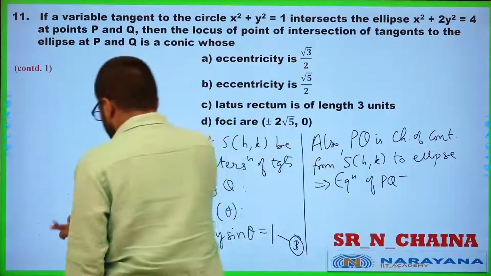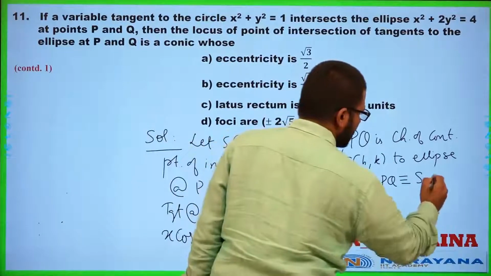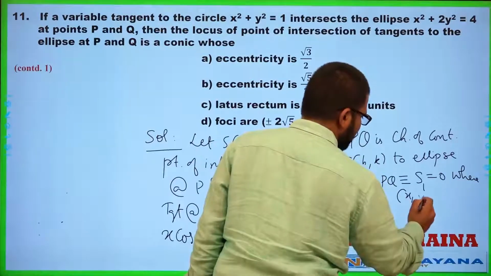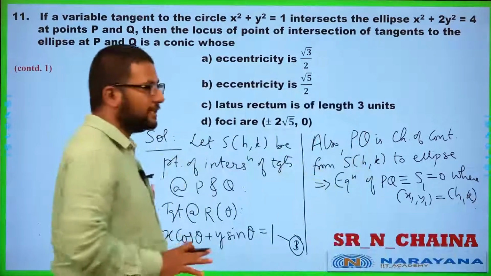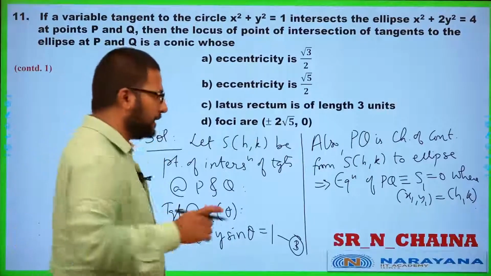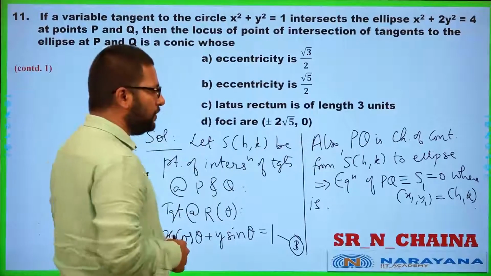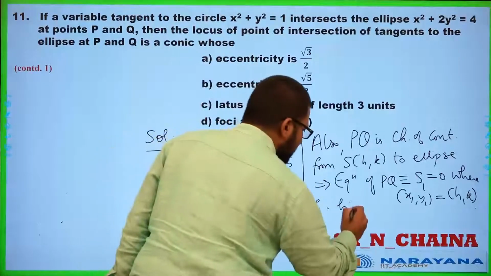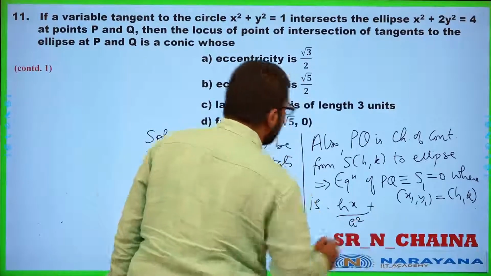Right, which means I can write the equation of PQ in terms of h and k. The equation of PQ can be written as S1 equal to 0, where (x1, y1) is (h, k), correct. This is a very important realization. So what would be the equation of PQ? It would be h x by a square plus k y by b square equal to 1.